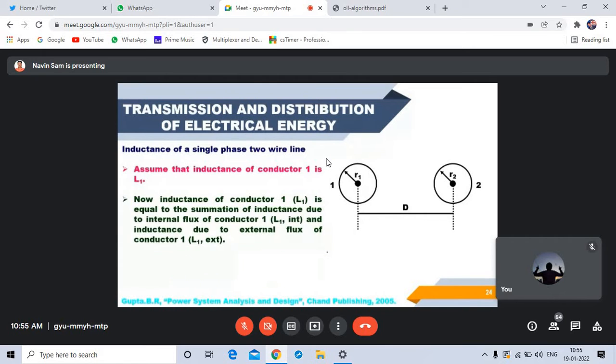Now inductance of conductor 1, L1, is equal to the summation of inductance due to internal flux of conductor 1 and inductance due to external flux of conductor 1.